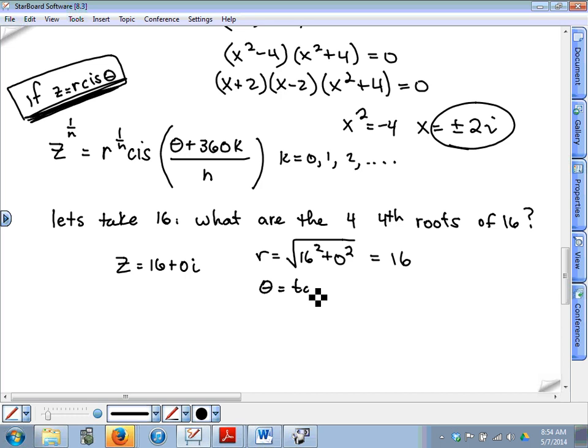Theta is equal to the inverse tangent of b divided by a, which is 0 over 16. The inverse tangent of 0 is 0, and you can verify that on a calculator if you're wondering. So in polar form, this turns out to be z equals 16 CIS 0.